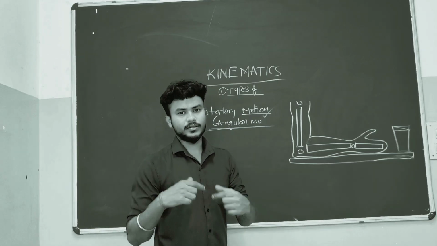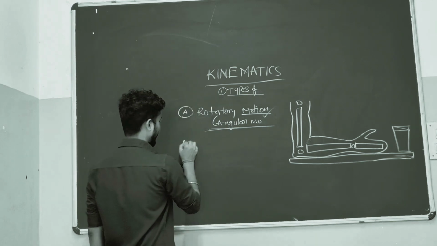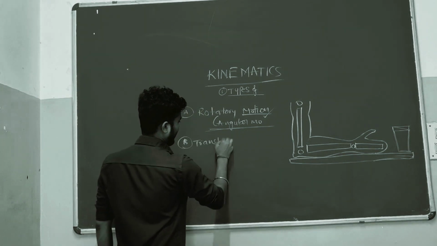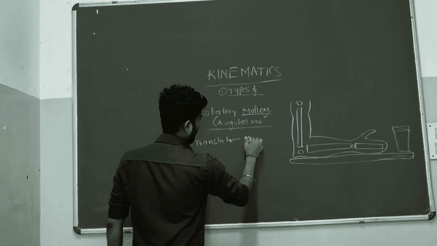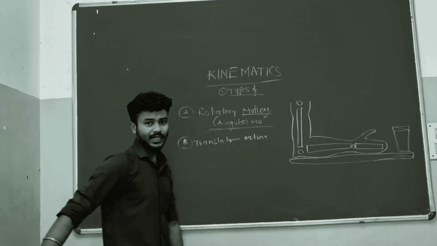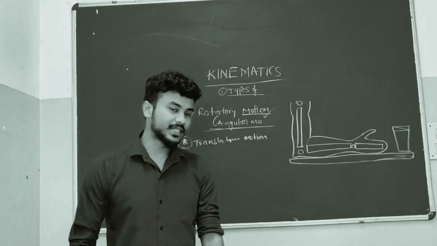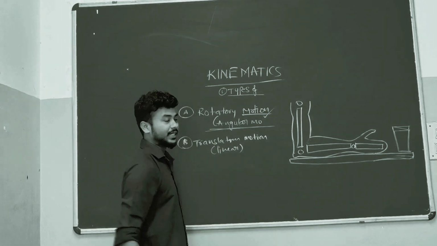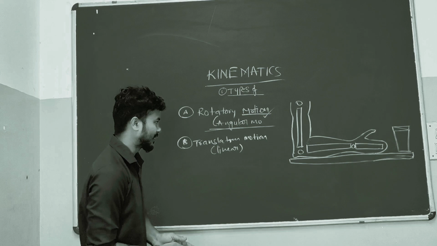We will see the second movement. The second movement is translatory motion. This is also called linear motion. In this translatory motion, what will happen?